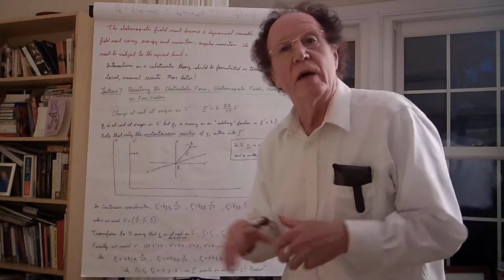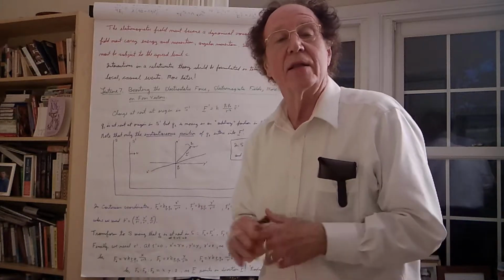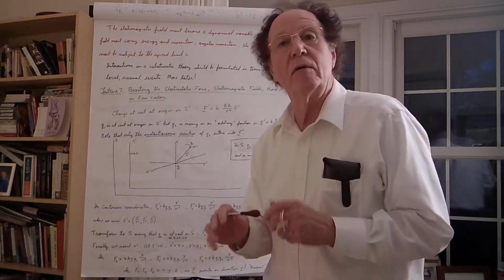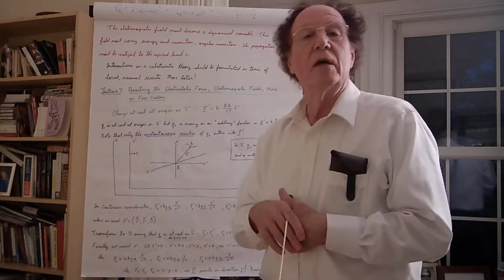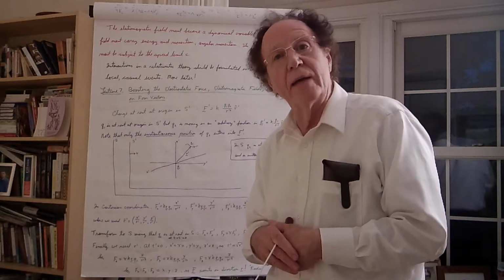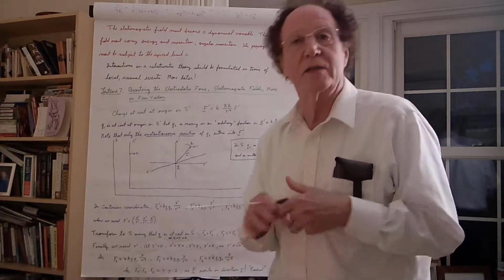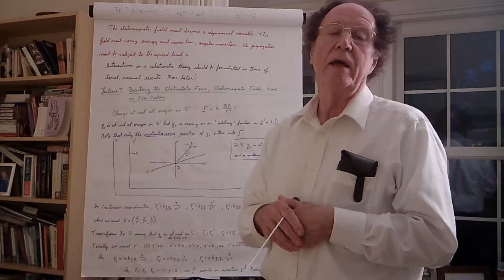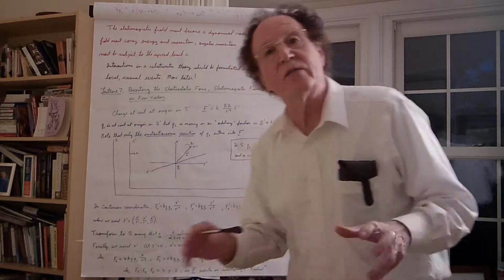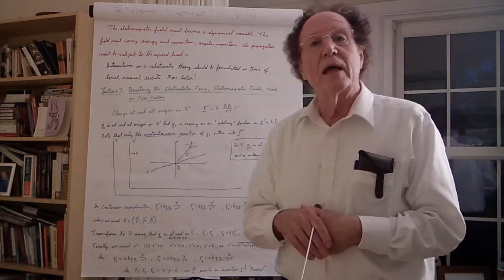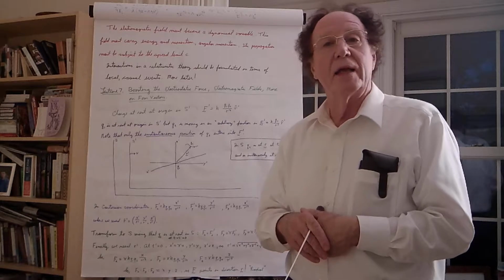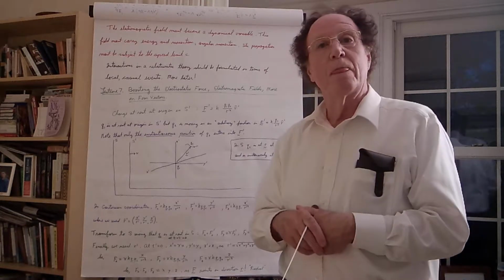Okay, but I choose my frame S so that at the time t equals 0, t prime equals 0, when the origins of the two frames S and S prime coincide, that it's at rest. That defines my frame S. Okay, and that's the interesting situation for me. I want to see what the electric field does in the lab frame.